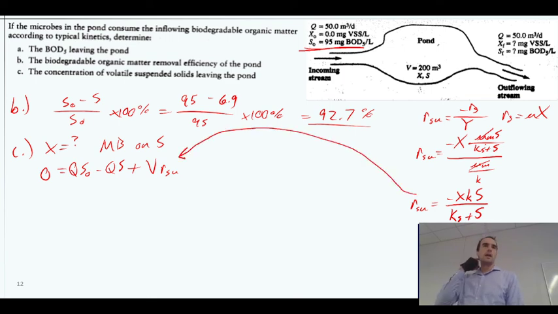Here we'll be able to solve because we have X here that we're trying to solve for, and we already know S because we solved for S earlier.